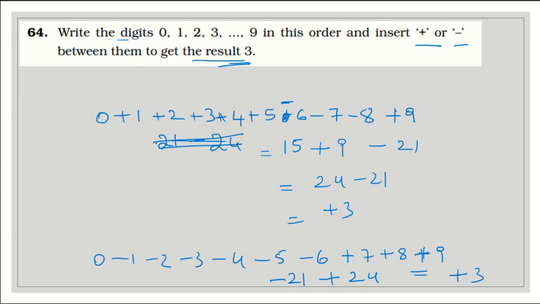Whatever I have written there, instead of taking addition symbols first, I have taken subtraction symbols. That also gives the result. So many possibilities are there. So this is one of the possibilities, another is this one. We can write any possibilities.